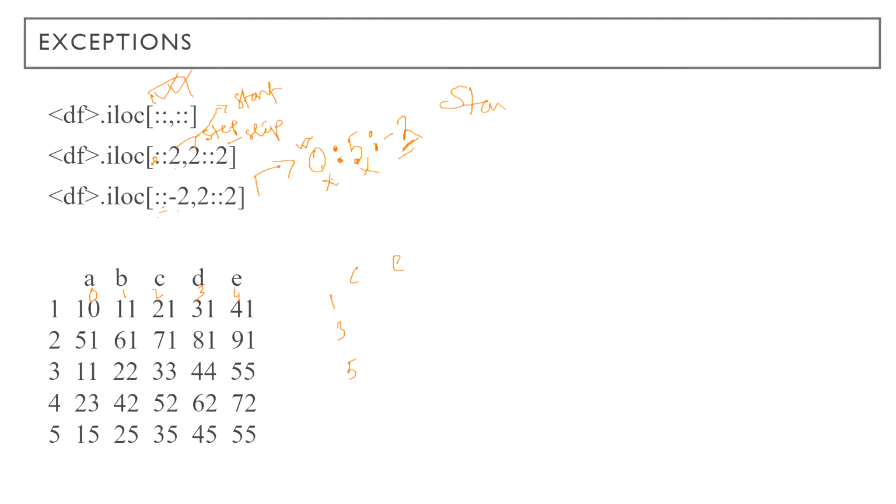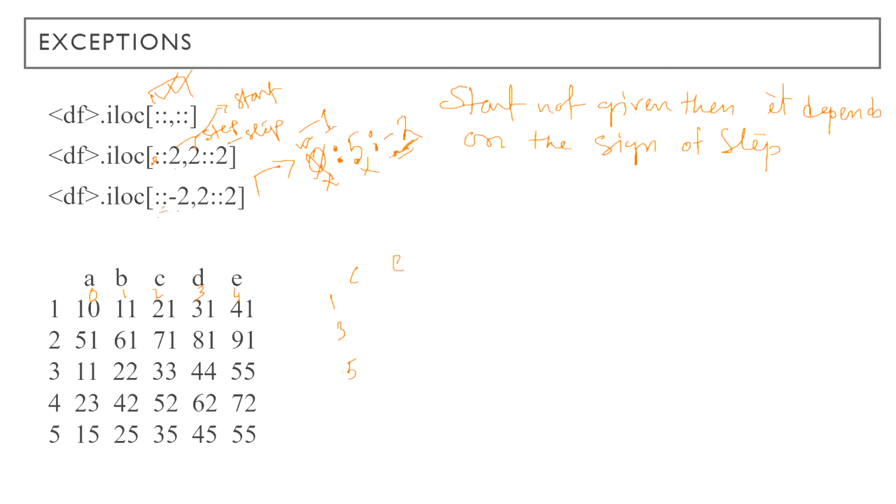Start not given, then it depends on the sign of step value. Now, what is the sign of step value here? It is -1, right? The sign is -1. So, definitely this start value will not be 0, it will be -1.